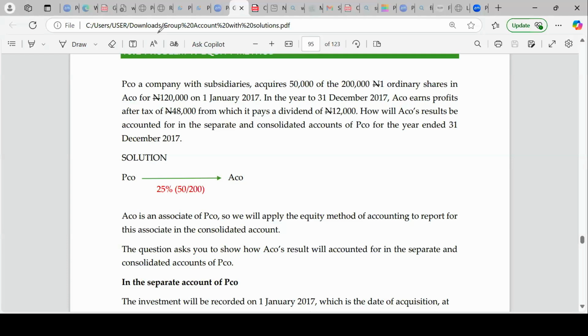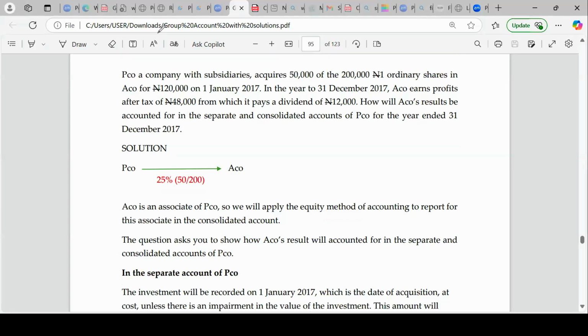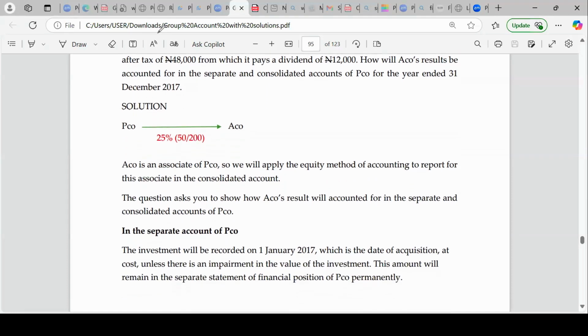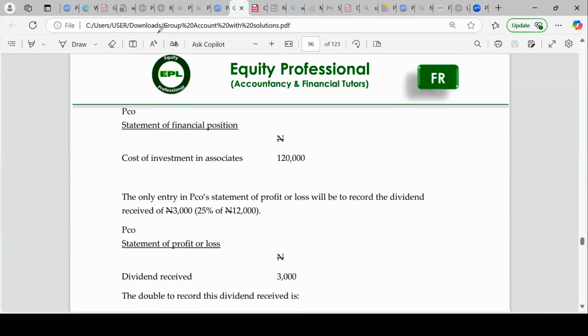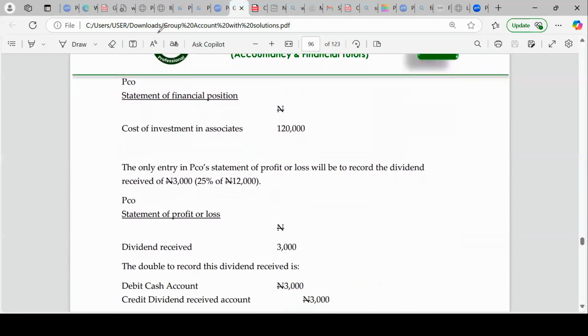In the year to 31st December 2017, ECO earns profit after tax of 48,000 naira, from which it pays a dividend of 12,000 naira. Now you're asked, how will ECO's results be accounted for in the separate and consolidated accounts of PICO for the year ended 31st December 2017?